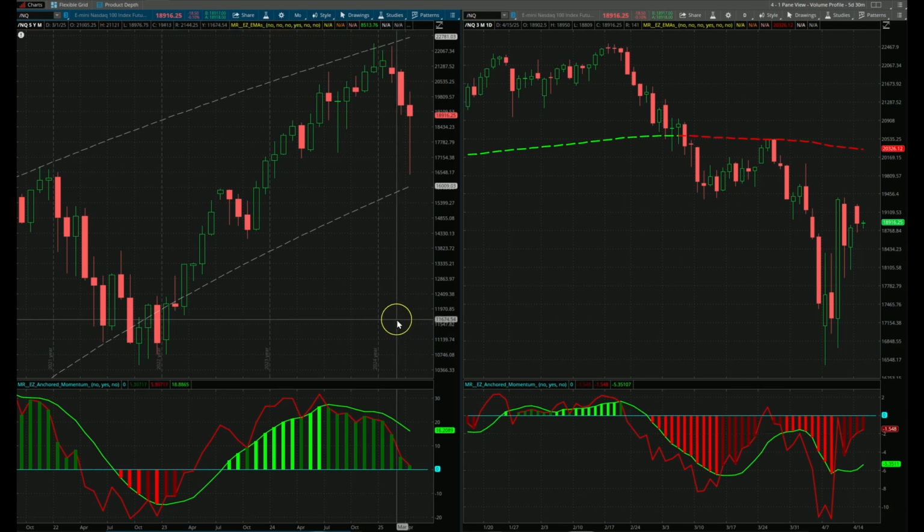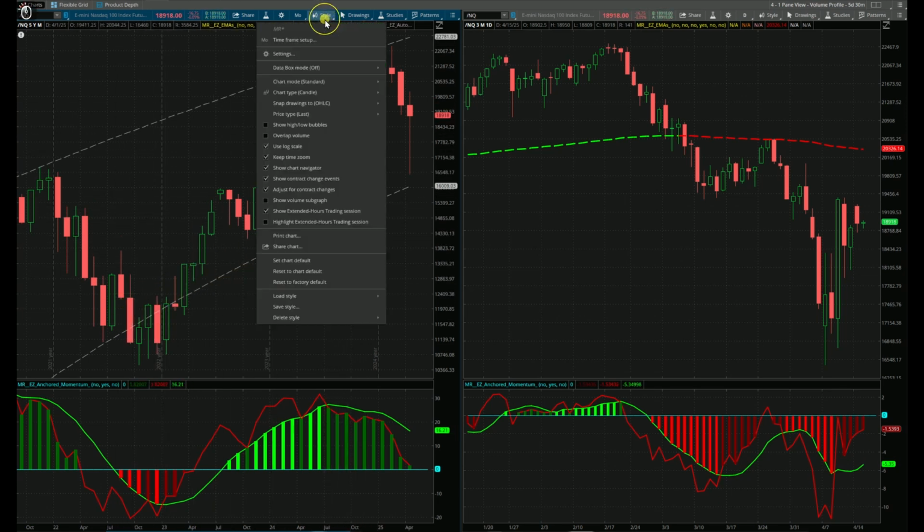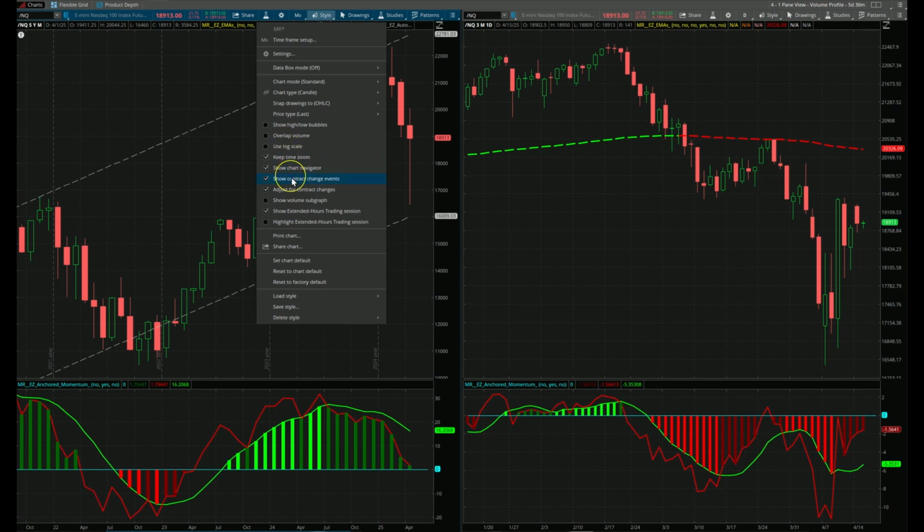Okay, it's a log situation. You got a screwed up channel, so it ever so slightly bends down here. It's not what I want. I want a straight channel. So let's go up to the style and use log scale. There we go.